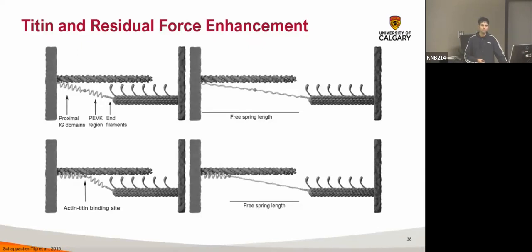So just a word of caution. And usually the passive force enhancement doesn't really account for the entire amount of force enhancement. So it's possible, likely, that something else plays a role there as well.